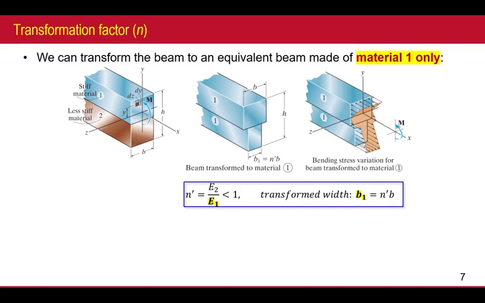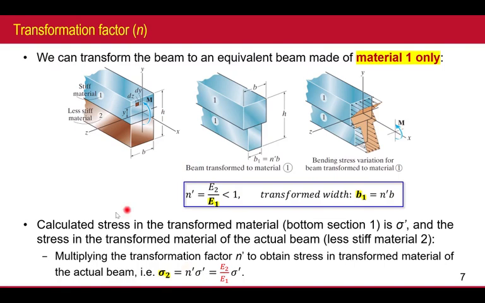Okay. So after we get these things, remember, this is the transformed part. This is the real case. So for the calculation after, we can use this equation to work out the stress in the transformed material, which is sigma prime. So the number you calculate is sigma prime. It's not the real one, it just replaces this. That means the transformed part is sigma prime, and the stress in the transformed material of the actual beam is for the actual beam, from here, not here.